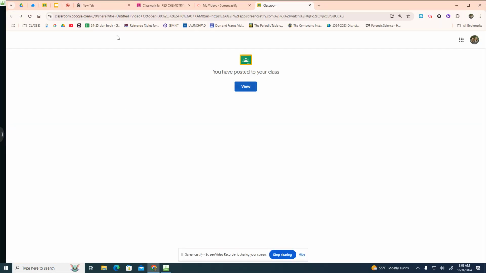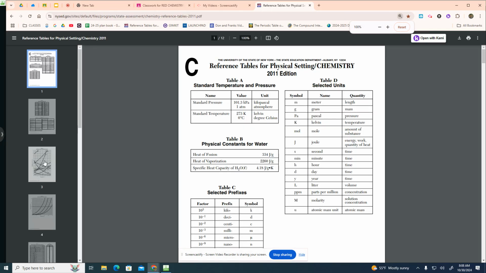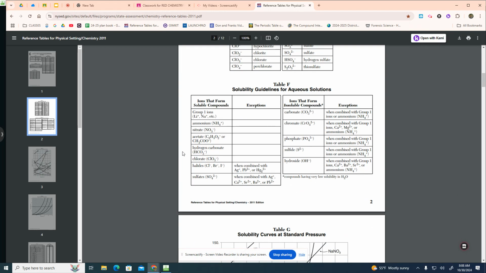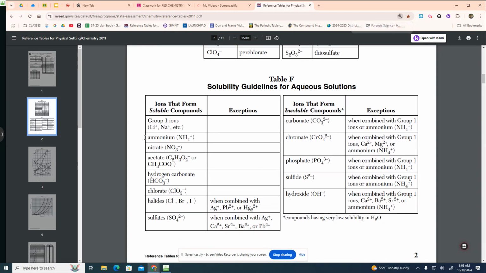Okay, so the polyatomic ions that I asked you to remember were ammonium. You're on table E now, right? Okay, ammonium, right here. Nitrate, phosphate.